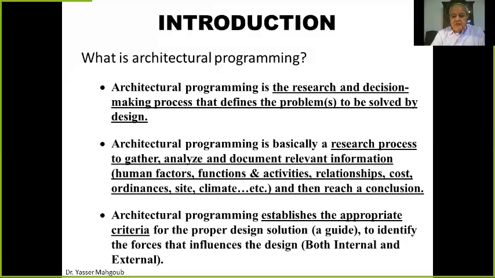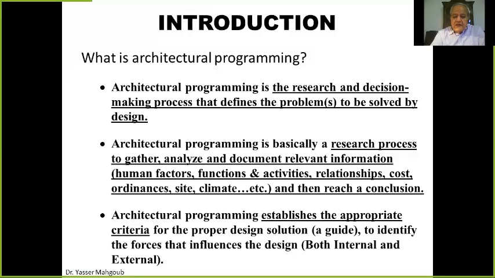So we identify the problems and try to make these problems very clear for the designers to approach. So if you have a complex site on a mountain, if you have a site in the downtown, if you have a complex program for a company, you need to identify these problems clearly for the designer.